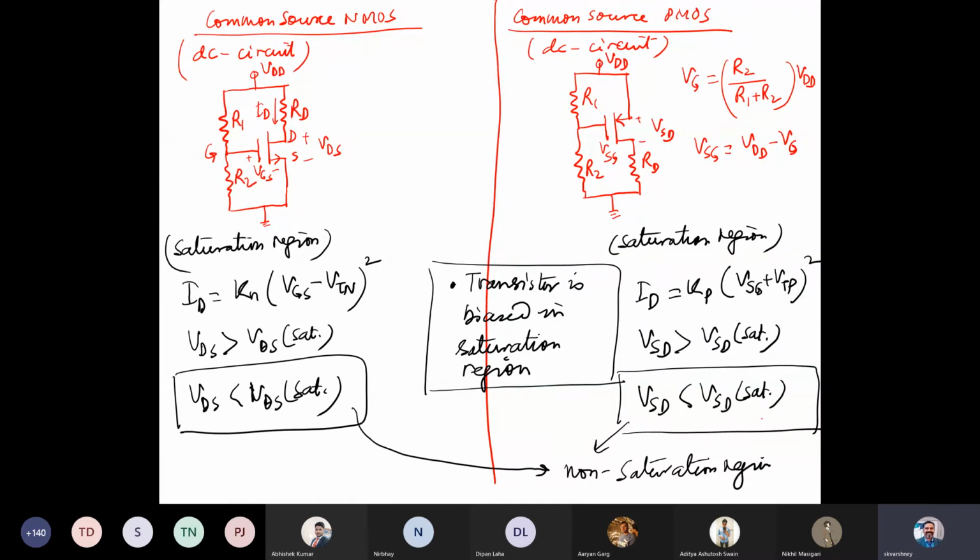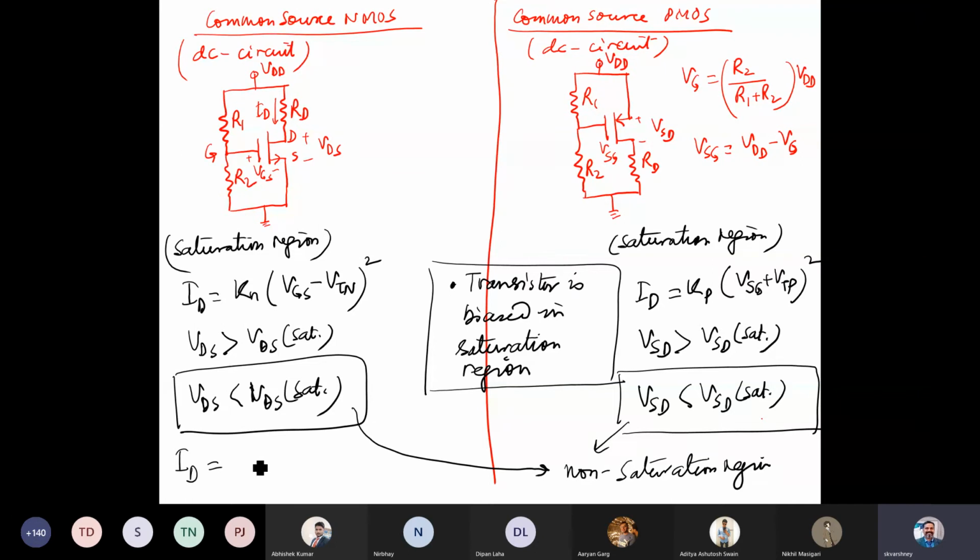In the same way, if VDS is less than VDS saturation, the transistor is in the non-saturation region. In that case, we find the drain current with the equation for the non-saturation region.